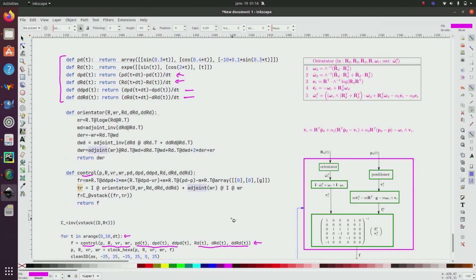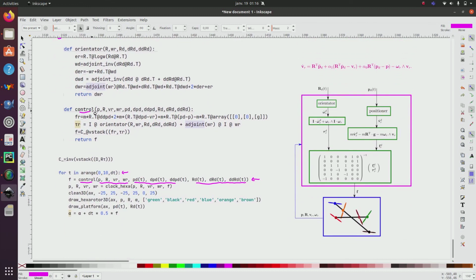Now for the controller which is given here, I need this block and this block, which correspond to this block and this block, where we can see that the orientator corresponds to what is computed here. So it corresponds here to omega d dot r, and here PD is the desired position which is given as an input of the controller.